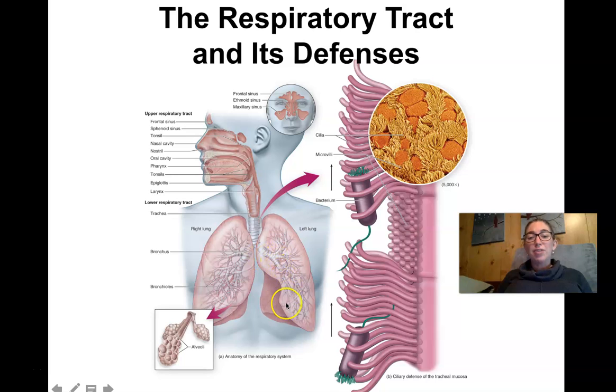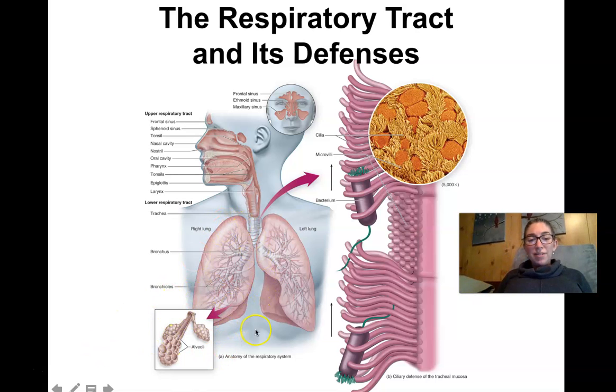The bronchi branch into smaller branches called the bronchioles, and at the end of the bronchioles there are the air sacs, the alveoli, and that's really the important part of the respiratory system, the alveoli, which is where gas exchange actually occurs. Oxygen goes into the blood and carbon dioxide leaves the blood so you can exhale it.